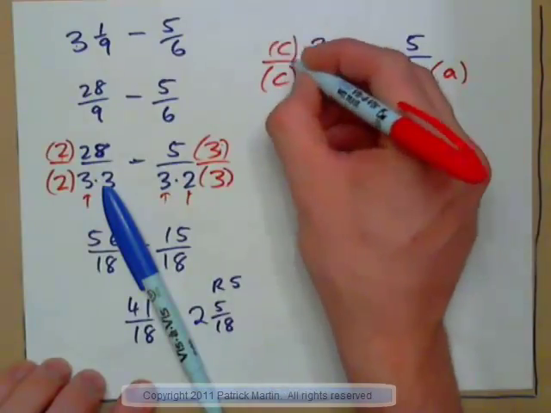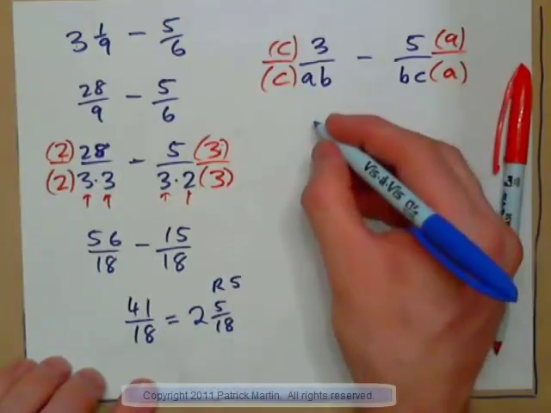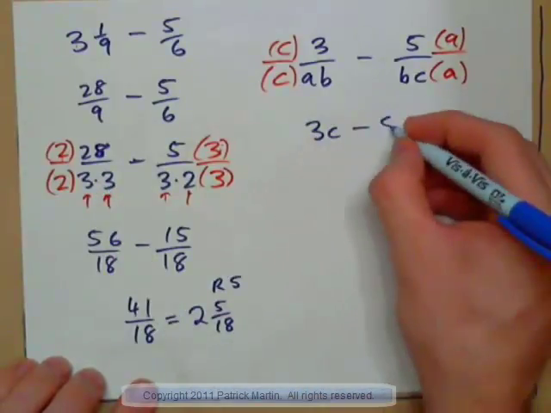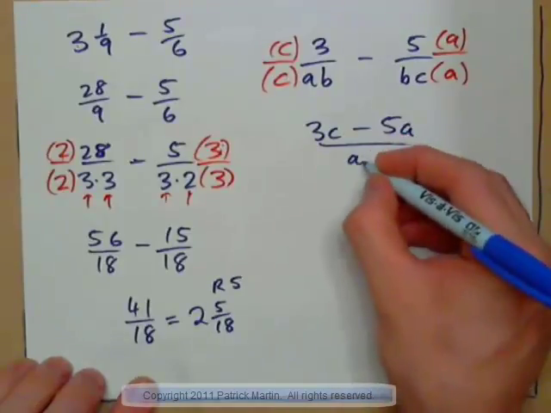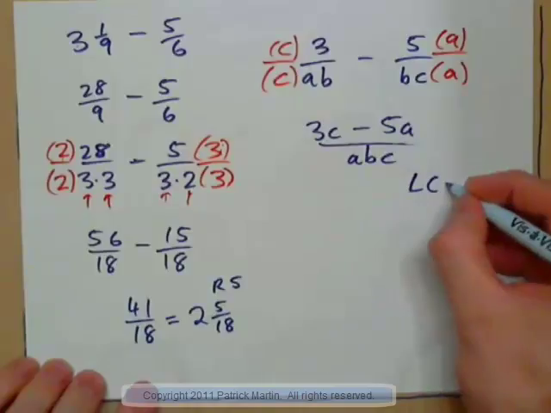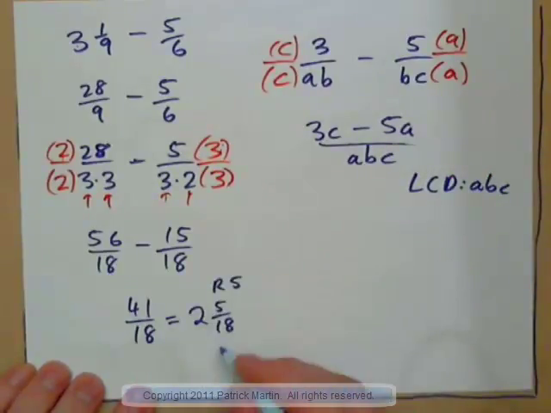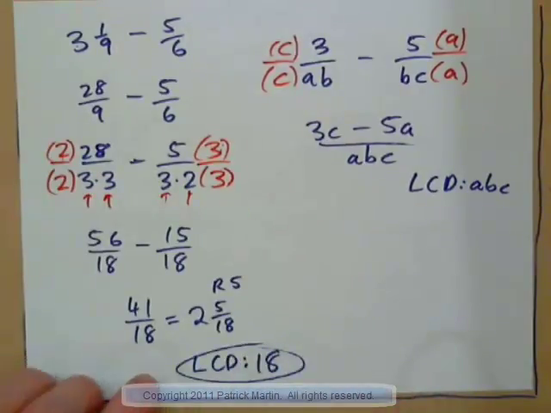So multiply this by C over C, and this by A over A. Excuse me. So you get 3C minus 5A all over ABC. So that's why we use this method. And in this case, the lowest common denominator of both fractions is ABC. Of course, for the previous example, your lowest common denominator was 18, right?